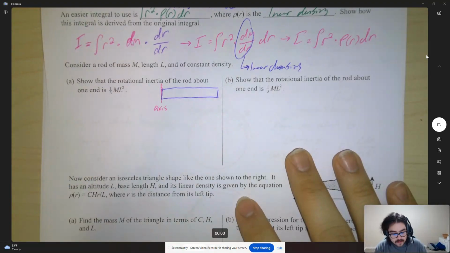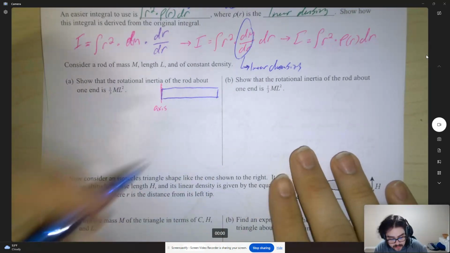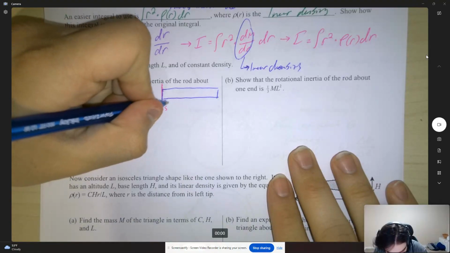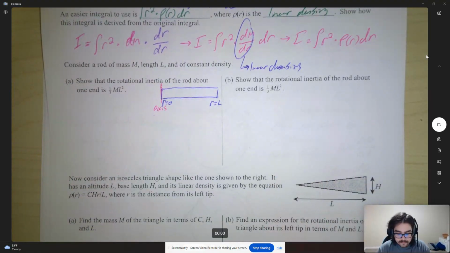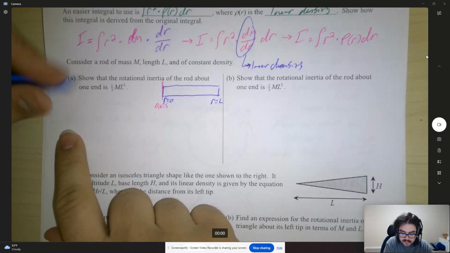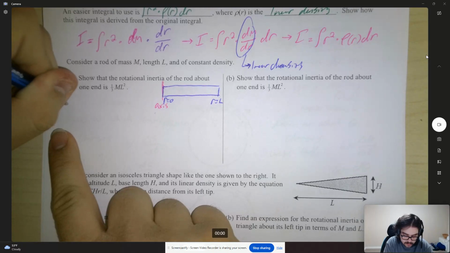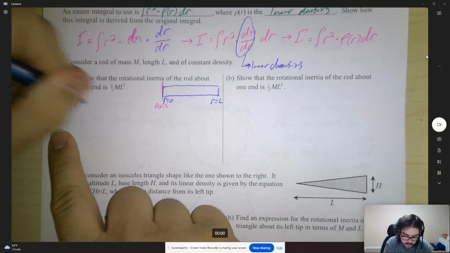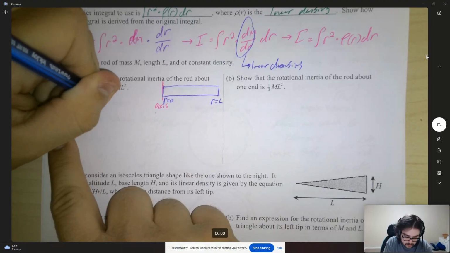This is r equals 0, and this is r equals L, which is the length of the rod. So I'm going to start with I equals the integral of r squared dm over dr, times dr.